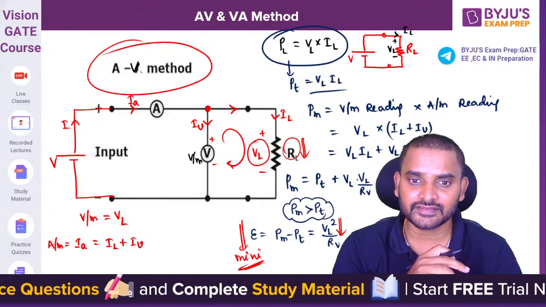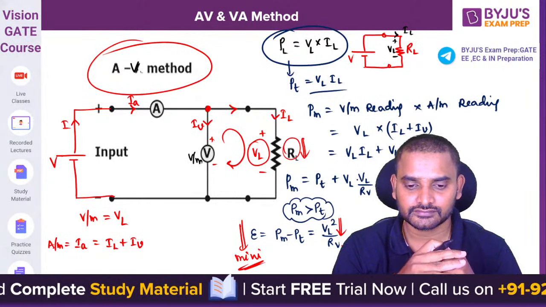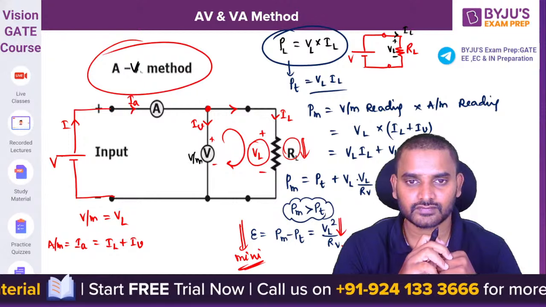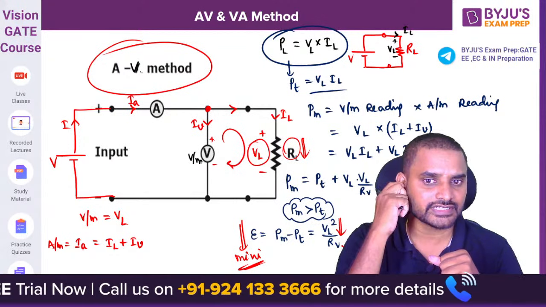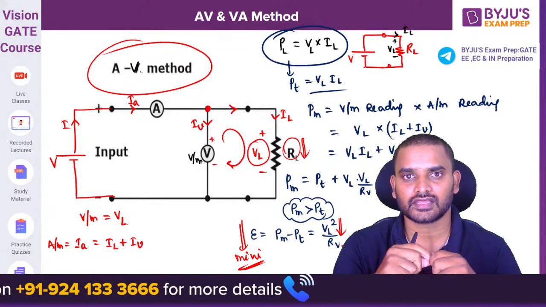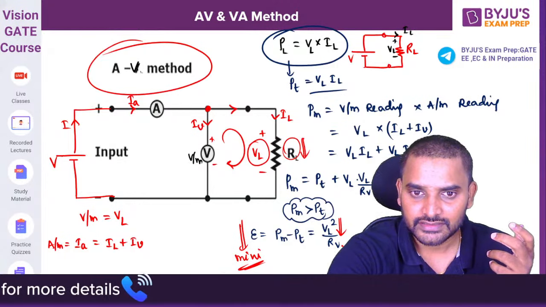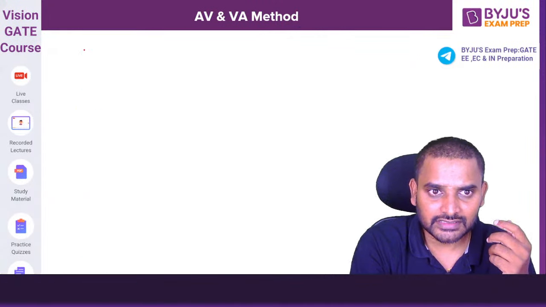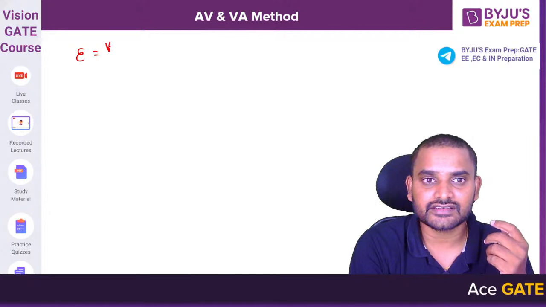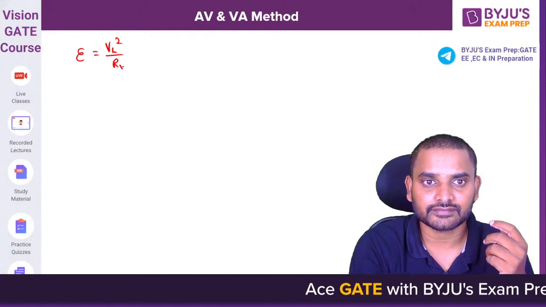Is it clear for everyone? Can you confirm about this? But remember, here there is an error, and the error is VL square by RV.